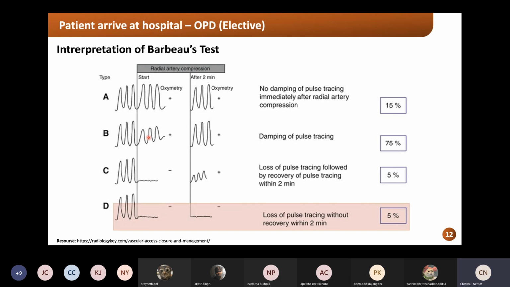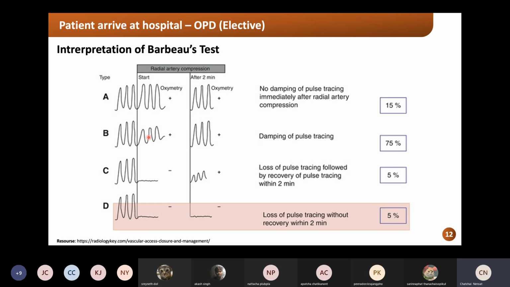Here we interpret that as loss of pulse tracing, and only 5% of patients have this pattern. And the last one is the D pattern, where there is no pulse wave back after you release the pressure that you placed on the patient's radial artery and ulnar artery. It accounts for 5% as well.